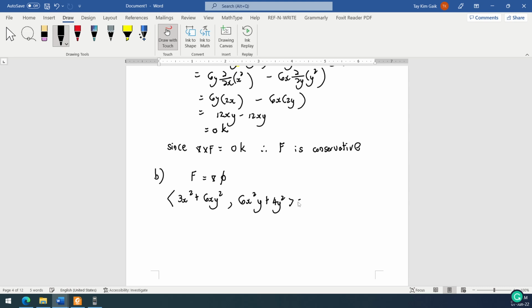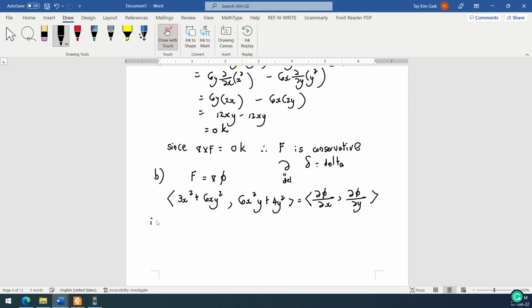Del phi is del phi del x, make sure it's this del. I don't use this one, which is called delta, because I saw in your assignment question 2 some using this one. This one is delta. So del phi del y.